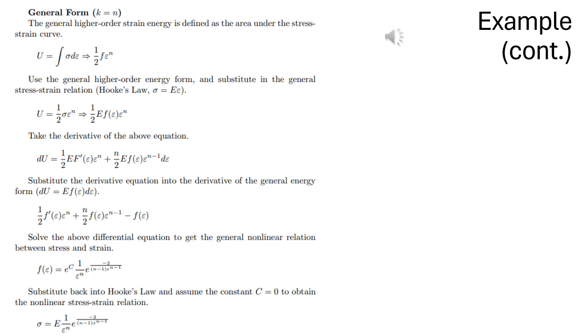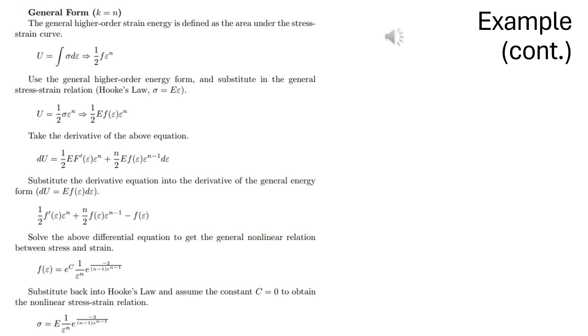Then as we simplify where du is equal to E, or the modulus times the function of strain d strain, we move into a different form below where the differential equation is solved, where the function of strain is equal to E to the some constant times 1 over strain to the n times the exponential of -2 over n minus 1 times the exponent of n minus 1.